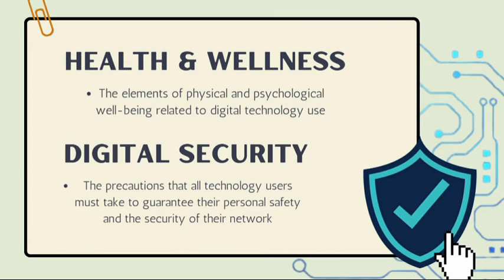And lastly, the digital security. Digital security is the precautions that all technology users must take to guarantee their personal safety and the security of their network. It means that it is the electronic precautions to guarantee the safety of the users.